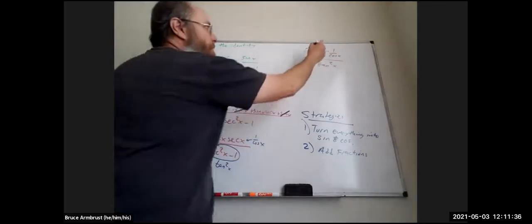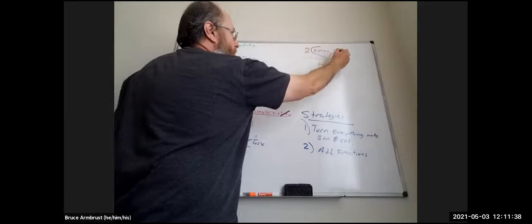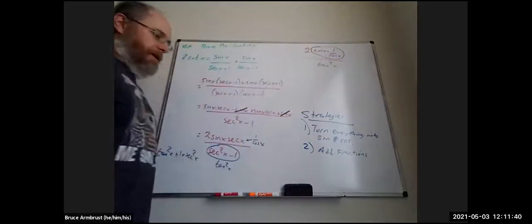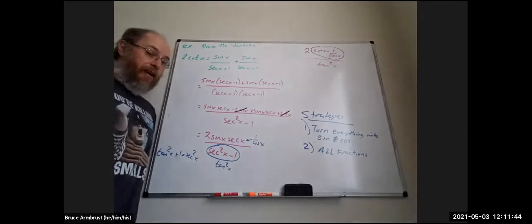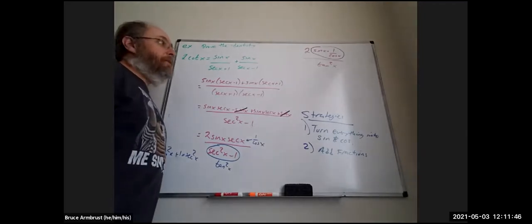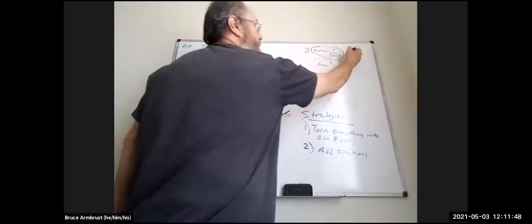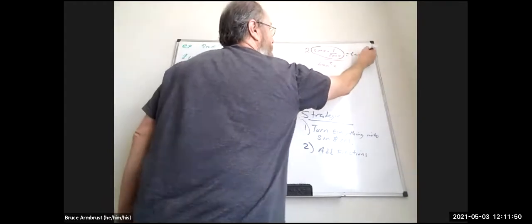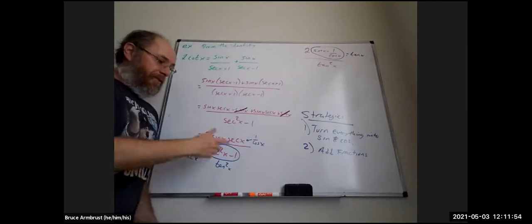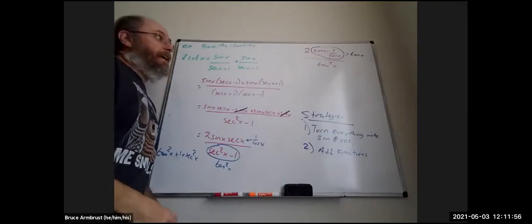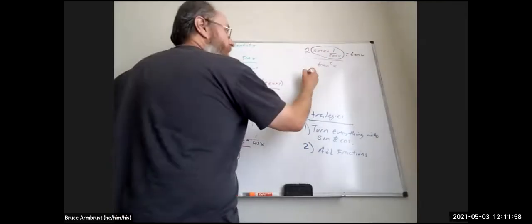All right, well, look at this piece where we've got sine times 1 over cosine. That's sine over cosine, which is tangent. So notice what I was able to do using these other identities is I got everything now in terms of tangent.